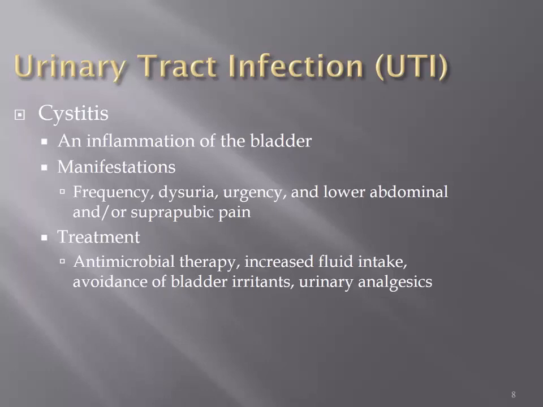Again, the same antimicrobial therapy may help. Increasing fluid intake in either cystitis or urinary tract infection is important. Urinary analgesics and bladder irritants. Cranberry juice may be helpful to treat this.